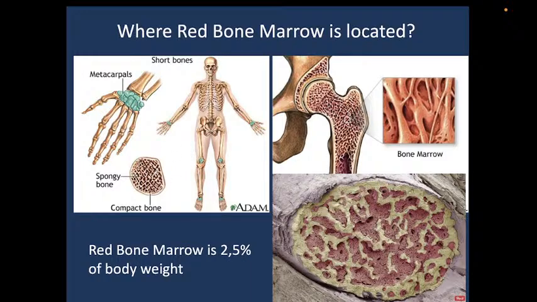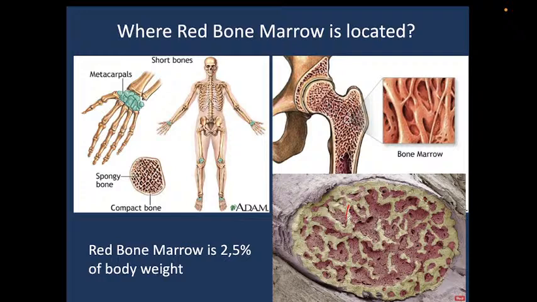Usually it has spongy substance, and it looks like big cells which are filled with red marrow.